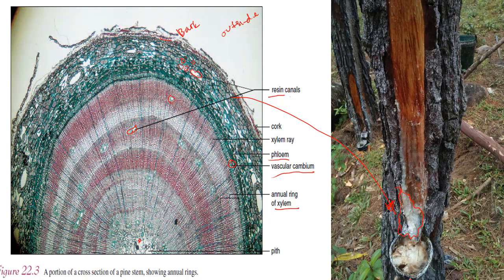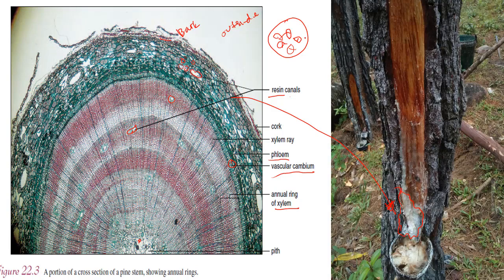In terms of another structure, for example in the cycad, or in Bahasa we know it as pakis haji, the structure is almost similar. I will draw the structure of a cycad quickly. If we look inside the cycad, or pakis haji, you will find a structure almost similar to your dicot.